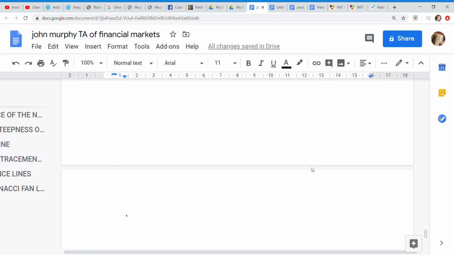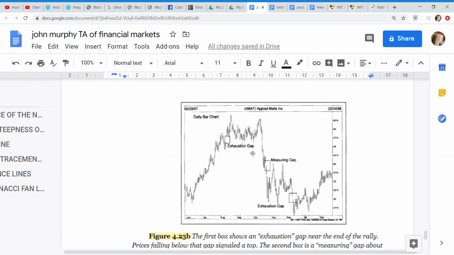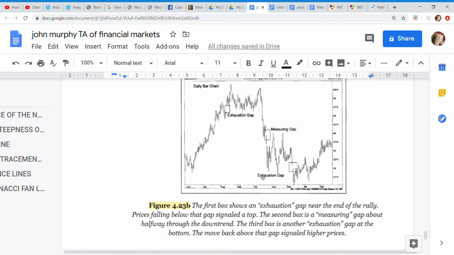So this is the end of the market move. It means that it is the end of an uptrend. After that it will consolidate and it can go anywhere. So this was the end of an uptrend.